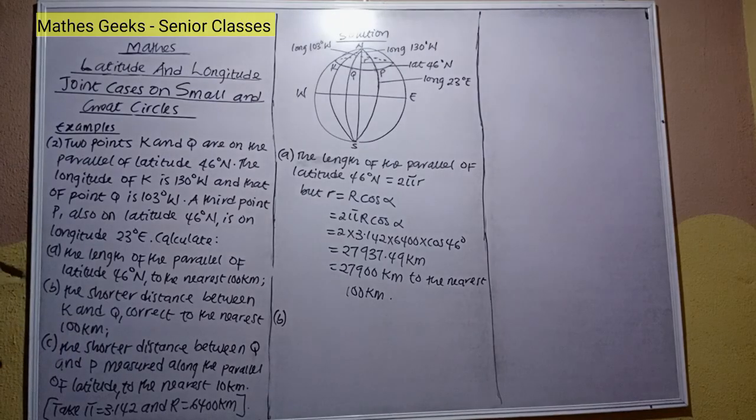B, the shorter distance between K and Q correct to the nearest 100 kilometers.